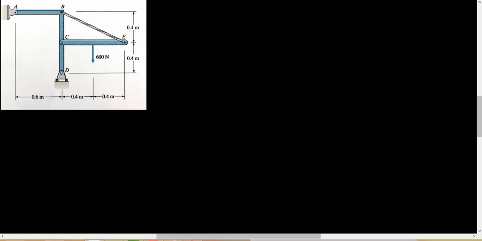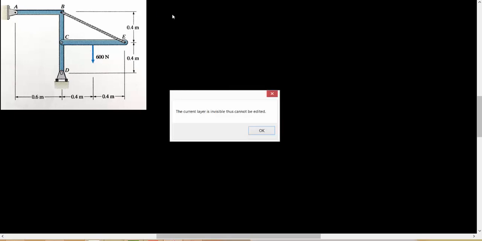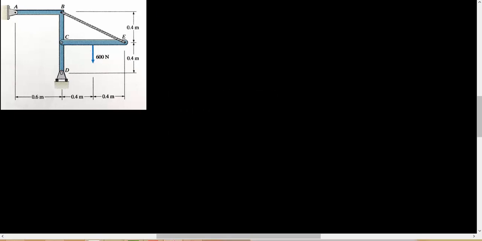So when we're looking at a frame or a machine and we're going to analyze it by looking at the forces within the members, this is going to be our process. We want to disassemble the frame or the machine. You want to isolate each member.